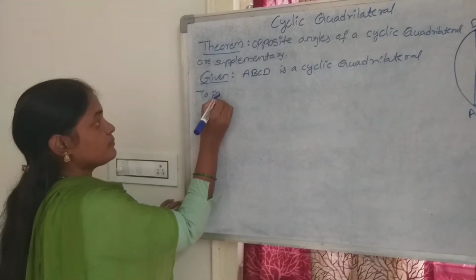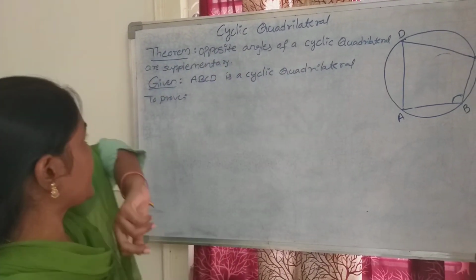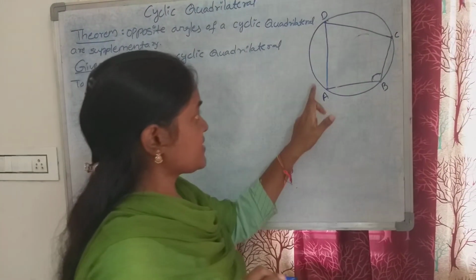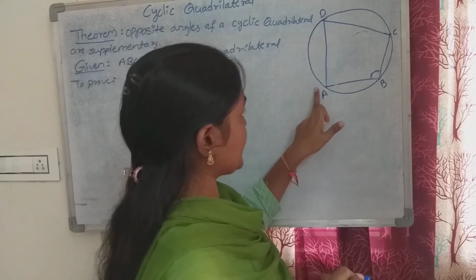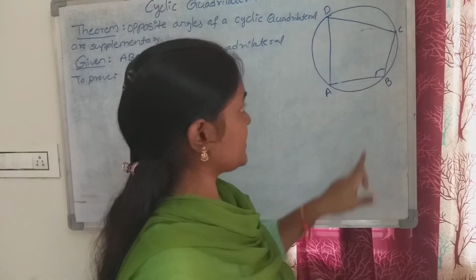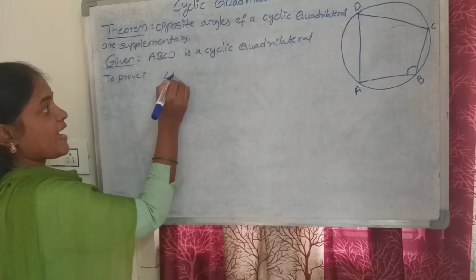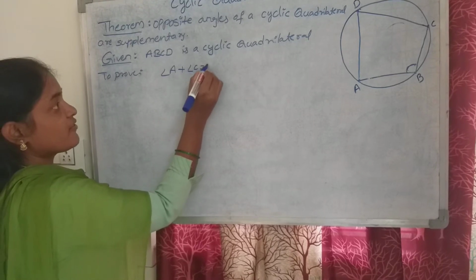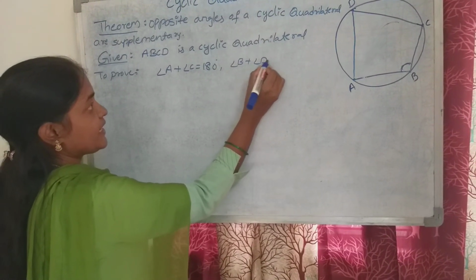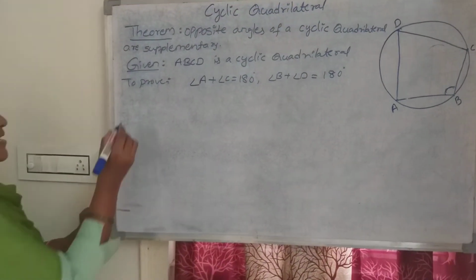To prove: opposite angles of a cyclic quadrilateral are supplementary. In a cyclic quadrilateral, angle A and angle C are opposite angles, angle B and angle D are opposite angles. To prove angle A plus angle C equals 180 degrees, angle B plus angle D equals 180 degrees. Construction.